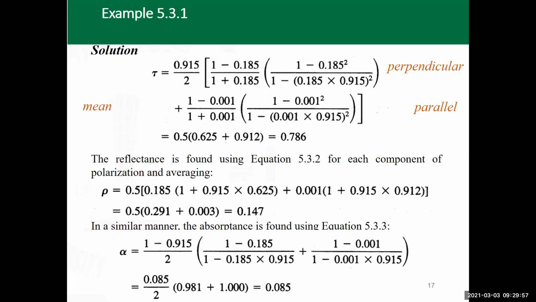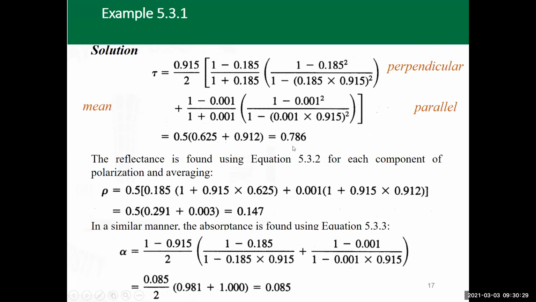And the value of 0.915 is the one we have just calculated a while ago for the tau A. So this one is calculating the perpendicular component. Whereas in the example, we have taken the parallel component as R parallel equal to 0.001, and this is the value that we are calculating here. And remember, we are calculating the average, or the mean value. So this one plus this one divided by 2. That gets us the value of tau equal to 0.786.